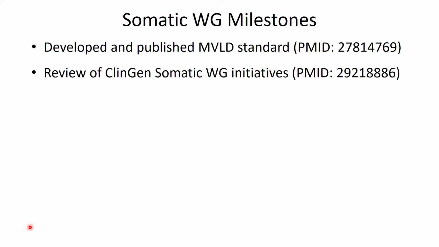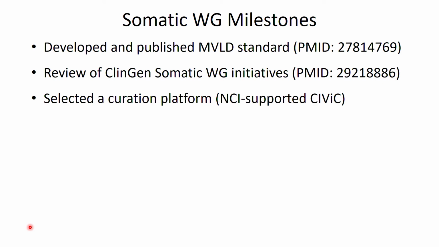We also published a review describing activities and initiatives within the working group. Very importantly, we established collaboration with CIVIC. So we just had a really nice presentation about CIVIC and curation of variants in CIVIC. We decided early on that we wanted to select CIVIC as a curation platform. So we have a really productive, mutually beneficial collaboration with CIVIC.